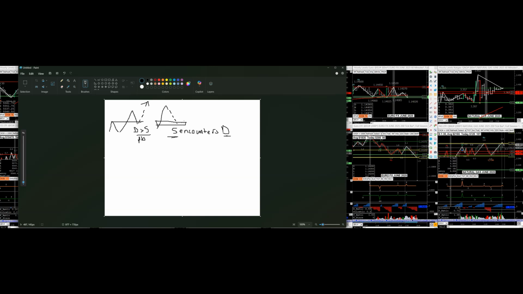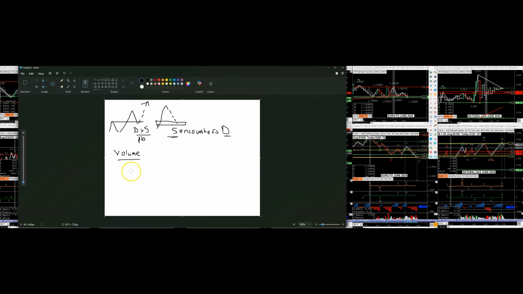All right, so how do we know when supply encounters demand here? And this is where volume shines. This is where volume is used. Because if supply encounters demand, volume is going to come in.